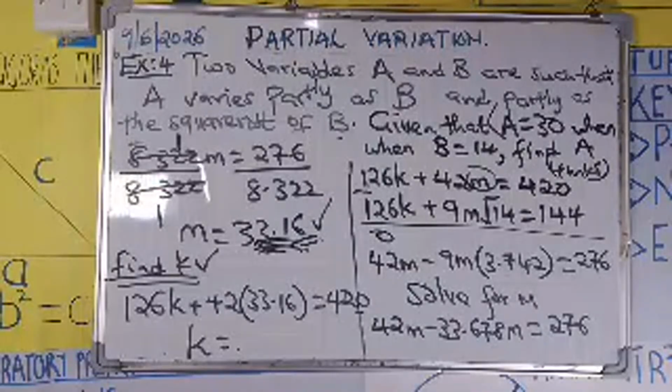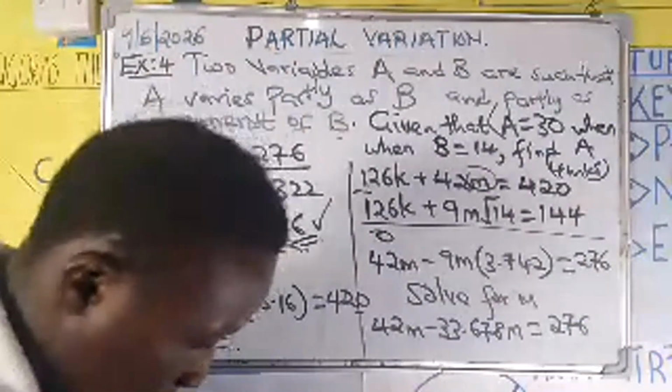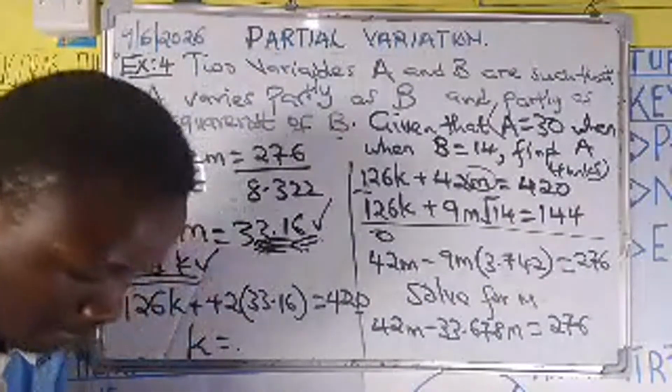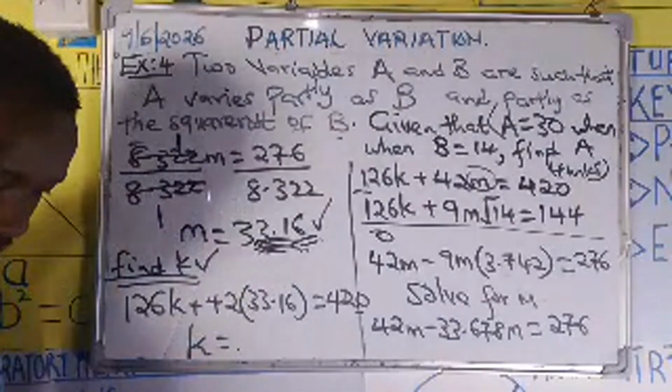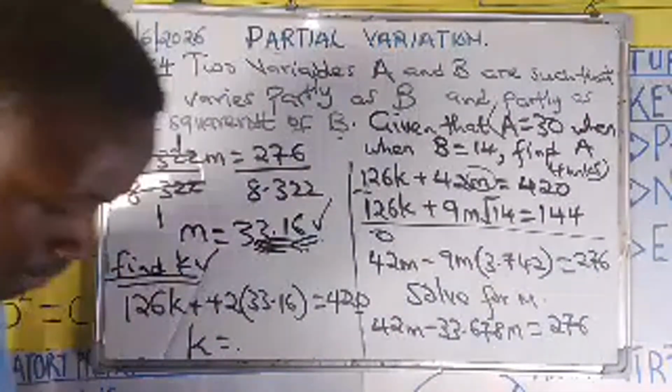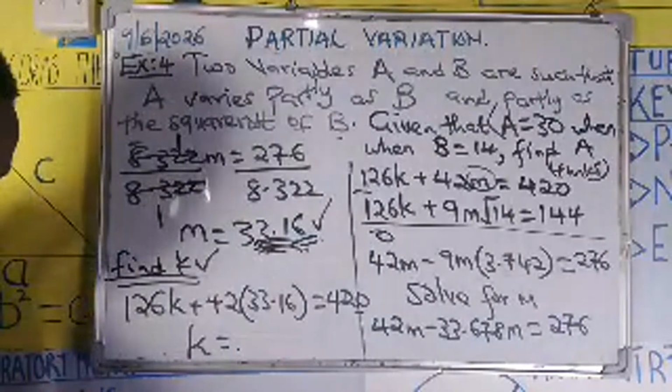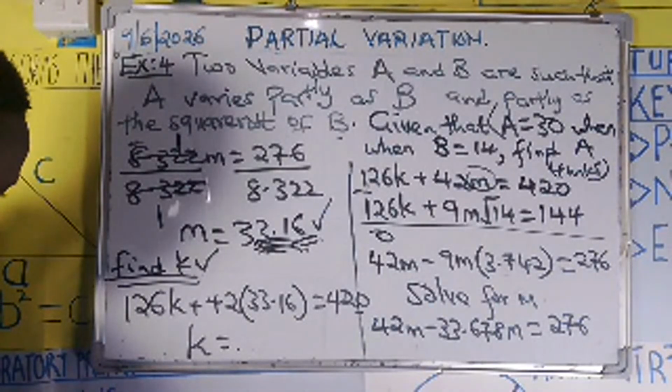That is what I want now. I just need the value of k. K ndio ninataka. I need k.